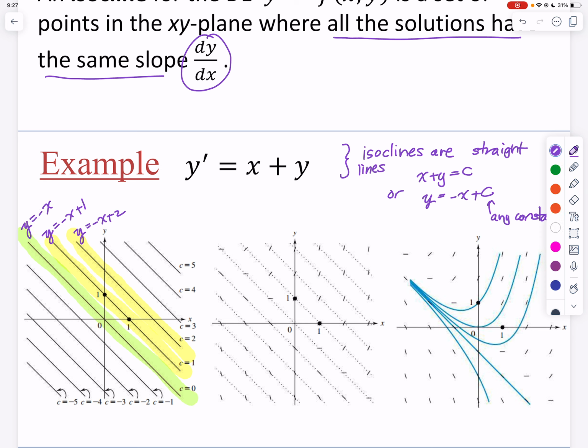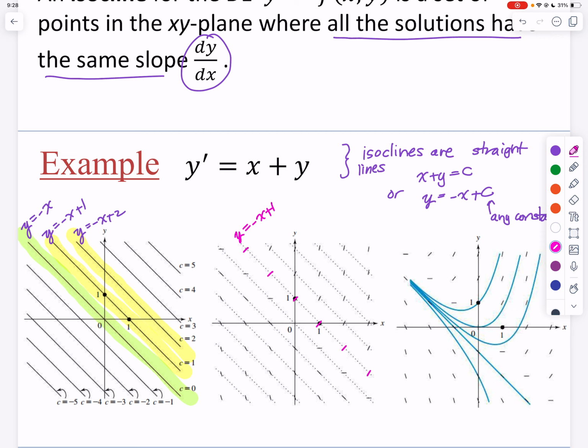So once we have these isoclines sketched, with these hash marks showing, along, let's use this one, y equals the opposite of x plus 1, every slope mark on that line has the same slope.